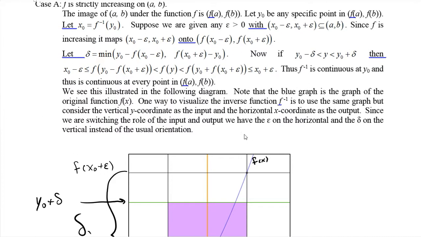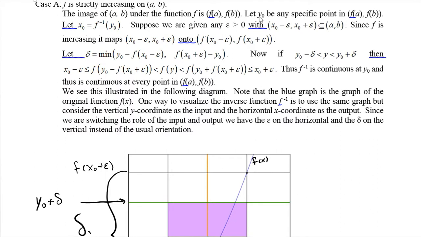Now let's look at this. I'll read this, but we're going to look at the picture to make sense of it. The image of the interval AB under the function f is f of a to f of b. Since this is increasing, we know f of a is smaller than f of b, and all the ones in between a and b will be between f of a and f of b because it's an increasing function.